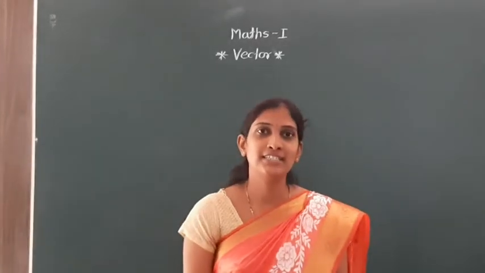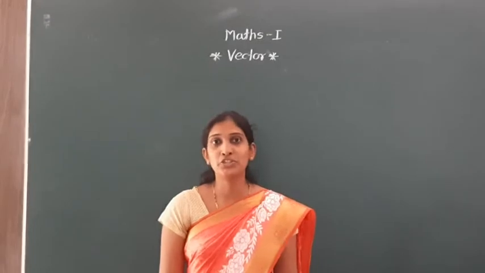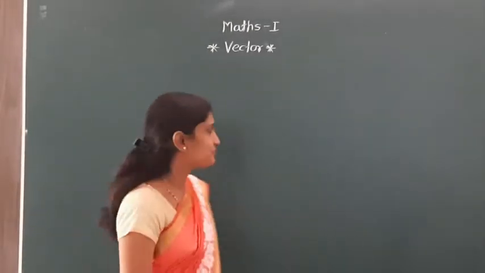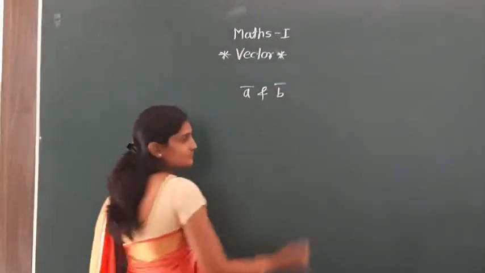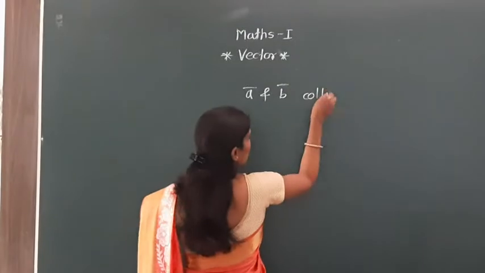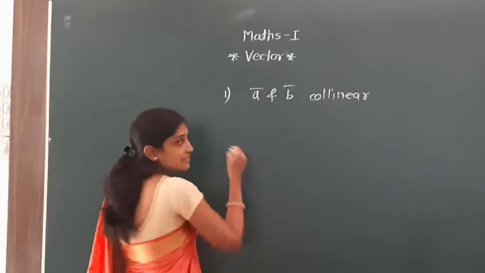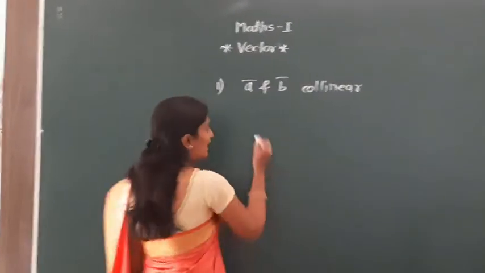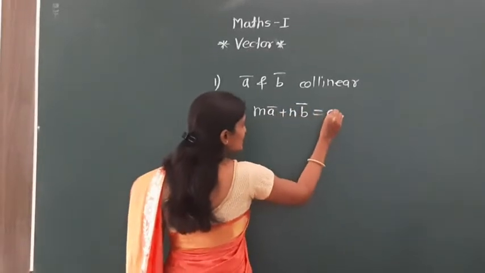Hello students, in the last lecture we studied two theorems. First theorem: if a bar and b bar are collinear vectors, then there exist two scalars m and n such that m a bar plus n b bar is equal to 0 bar.